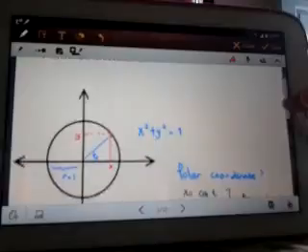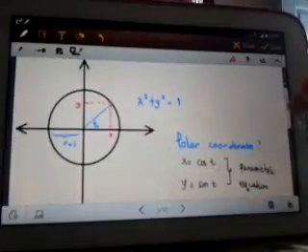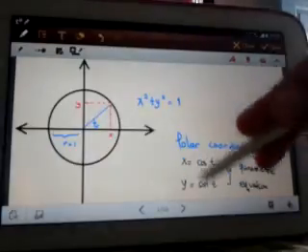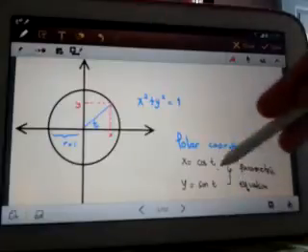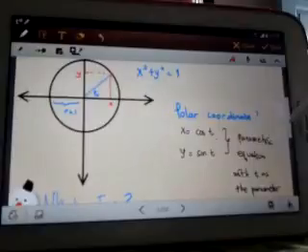In this case, x is equal to 1 cos t, or cos t, and y is 1 sin t, or sin t. So we can call this a parametric equation, with t as the parameter.